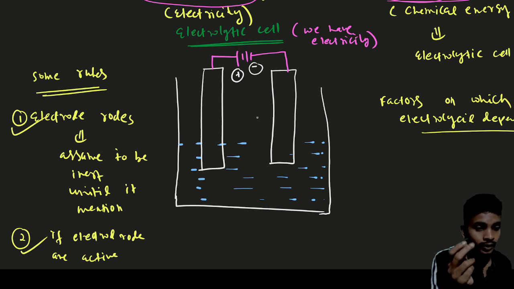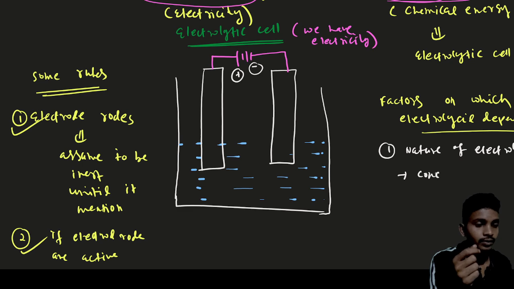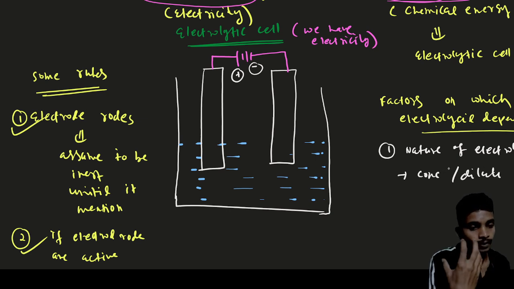Let's say it depends on the nature of electrolytes. It means concentration, whether the electrolyte is concentrated or dilute. Concentrated means a huge amount of electrolyte is present. Dilute means water is added.